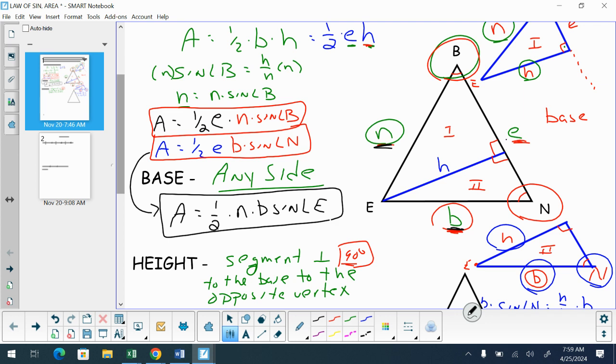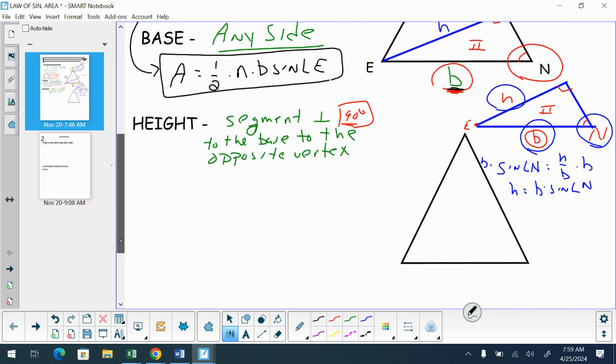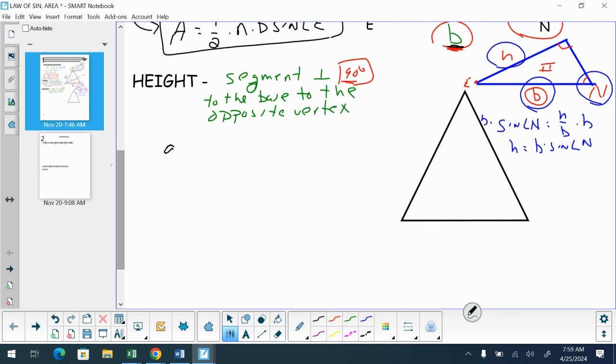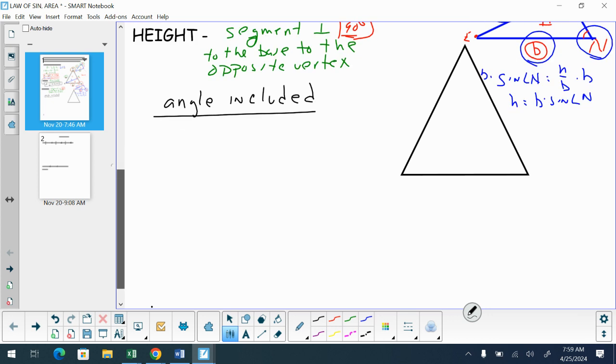What that is called by definition is the idea of the angle included, and this is a geometry term.